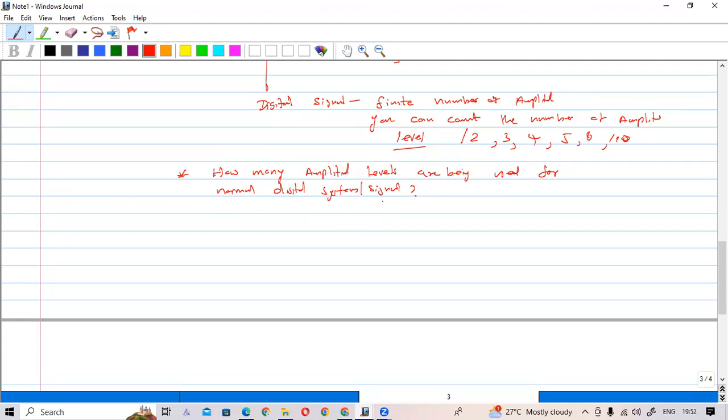You have used some digital systems, and you also know about some digital signals, no? So normally how many amplitude levels are we using for current digital systems?